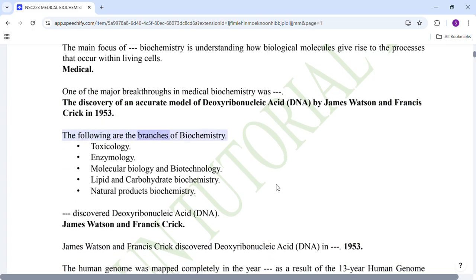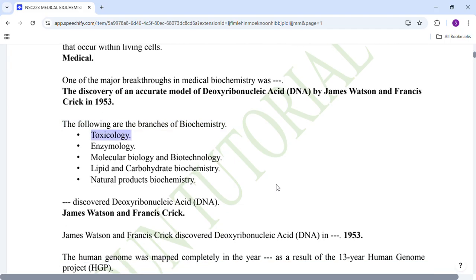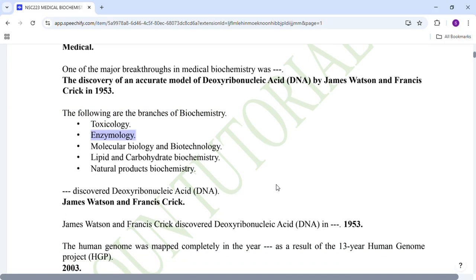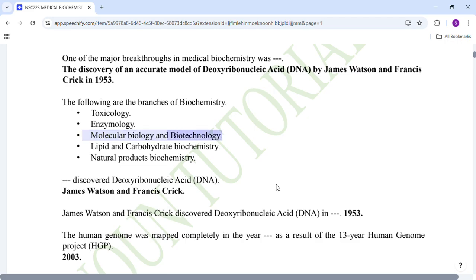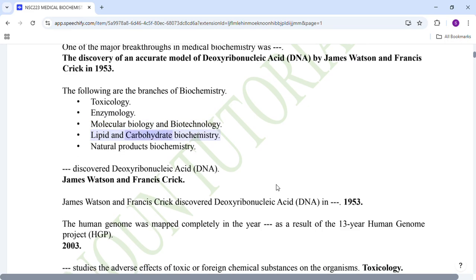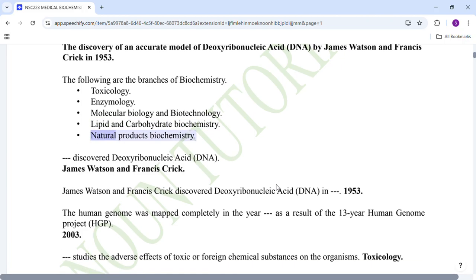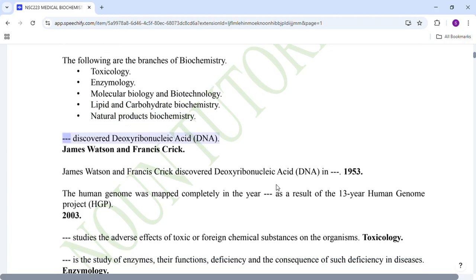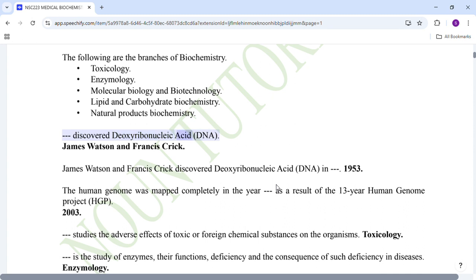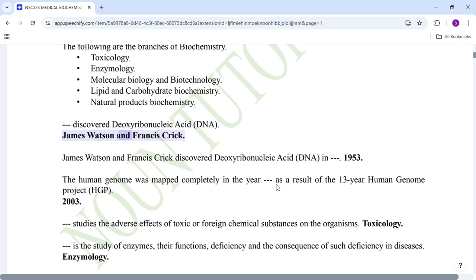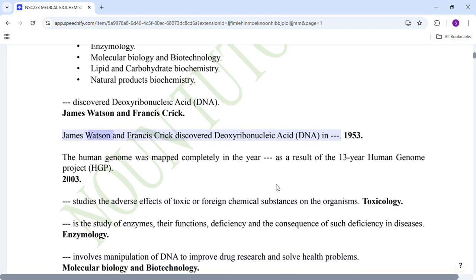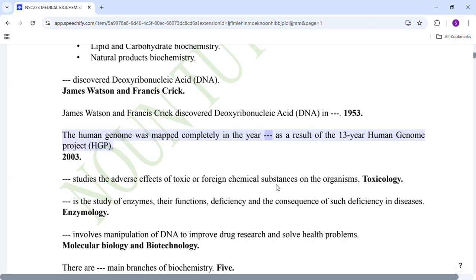The following are the branches of biochemistry: toxicology, enzymology, molecular biology and biotechnology, lipid and carbohydrate biochemistry, natural products biochemistry. The human genome was mapped completely in the year 2003 as a result of the 13-year Human Genome Project, HGP.